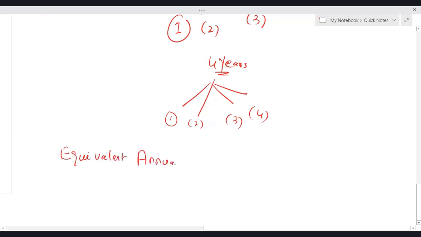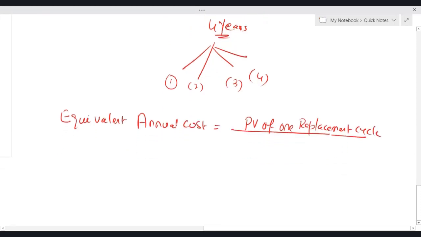Equivalent annual cost. You're going to take the present value of one replacement cycle, simply divided by the annuity factor.